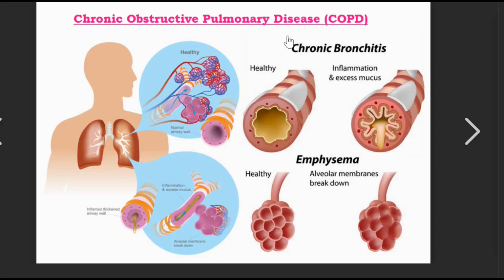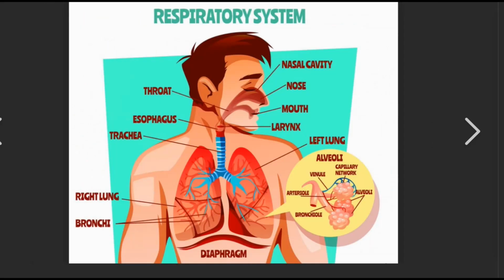Now let's look into the anatomy of the respiratory system. Air enters the nose, moves into the nasal cavity, throat, which is also called oropharynx, then into the larynx, which is the voice box, and enters the trachea. The trachea divides into bronchi at the point called carina. The bronchi enter each lung at the point called hilum.